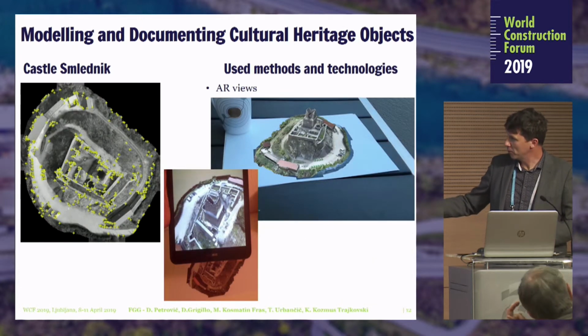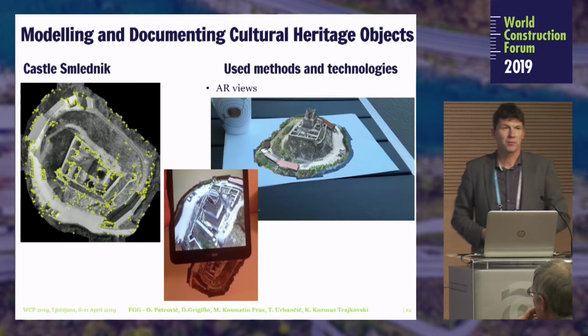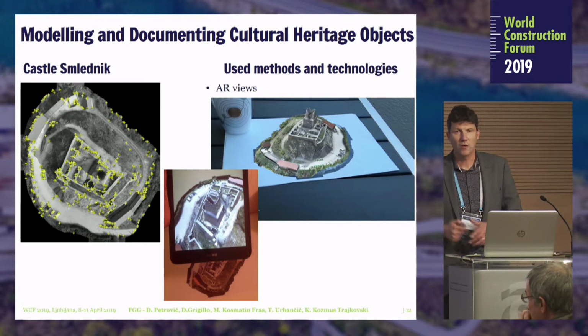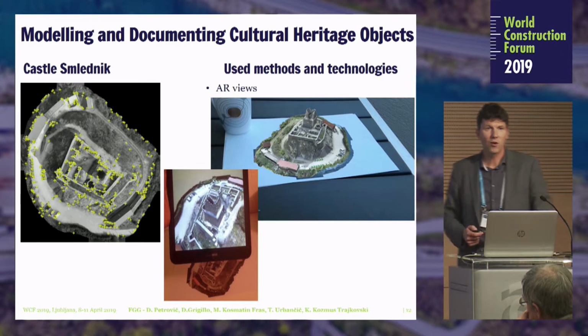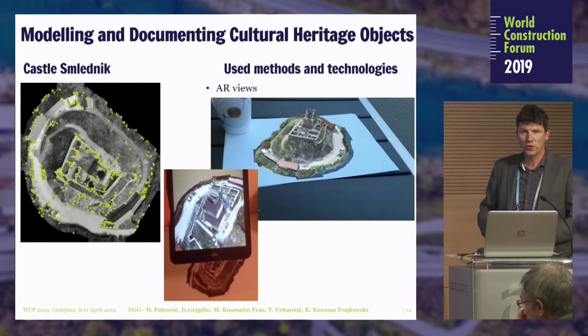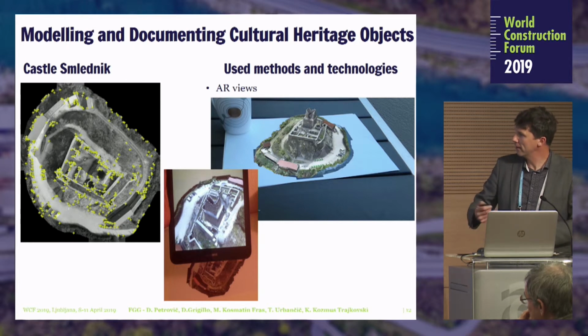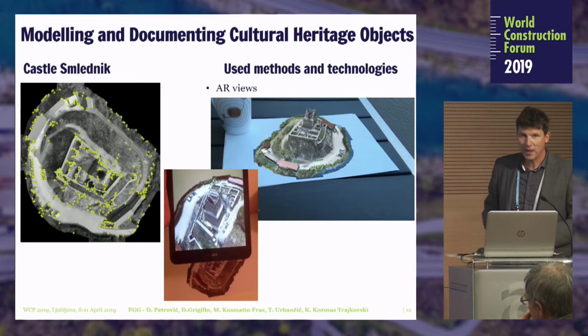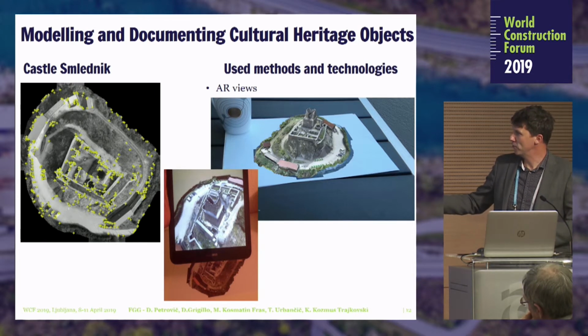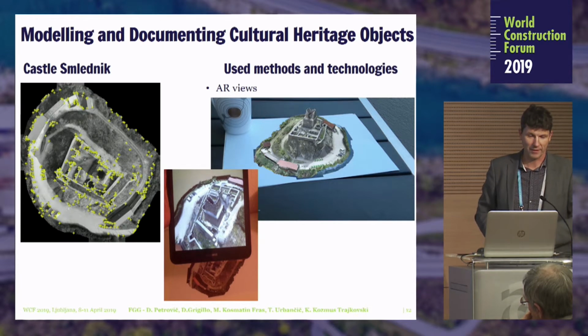And another possibility, we also heard about augmented reality, where we can add other data or show to the user something additional to the existing object. So here, using some gaming software, we prepared the augmented reality views of this castle.